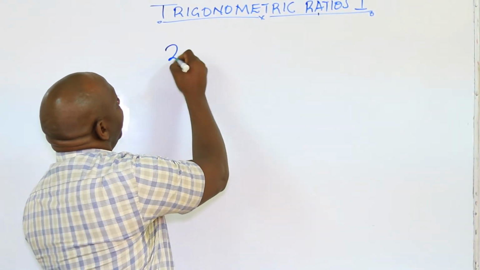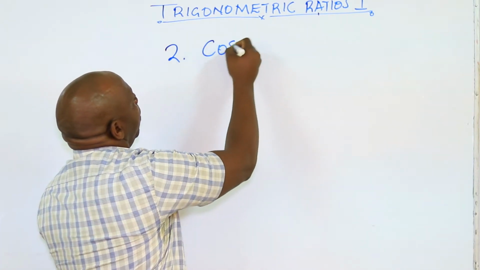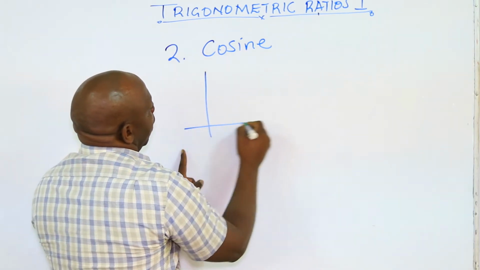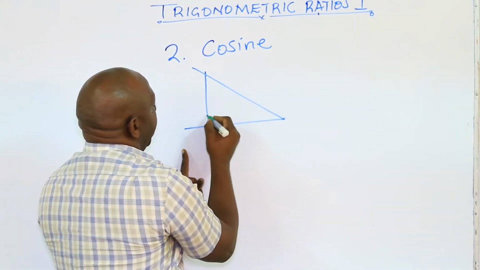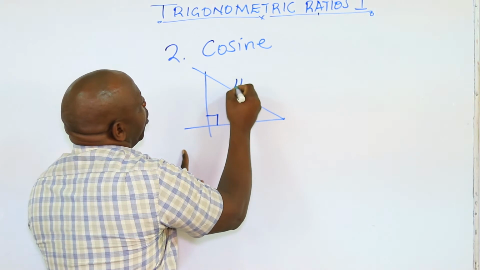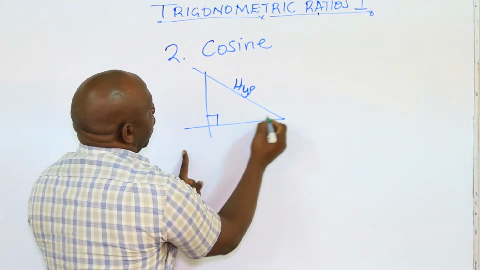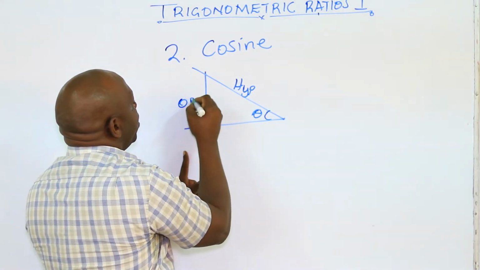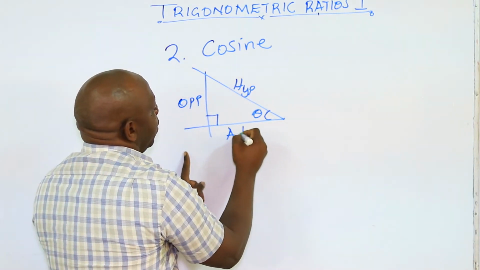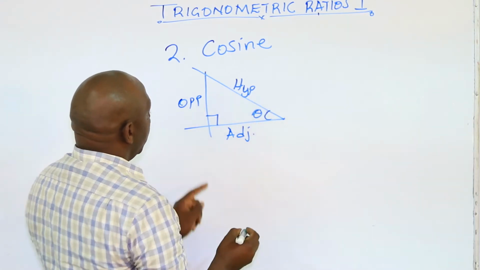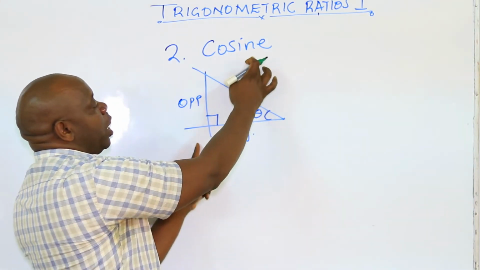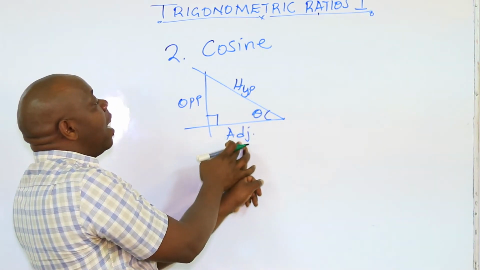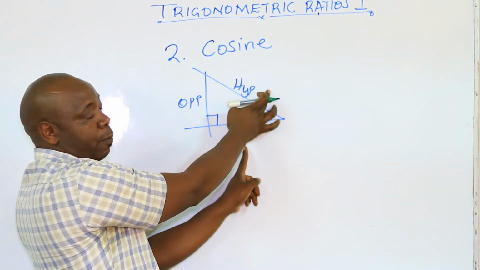Number 2 is the cosine. If you are given a right angle triangle there, we have said this is the hypotenuse. If we take this to be our subject angle theta, this is the opposite, and this is the adjacent. So cosine is the relationship between this angle theta here, the adjacent side, and the hypotenuse.